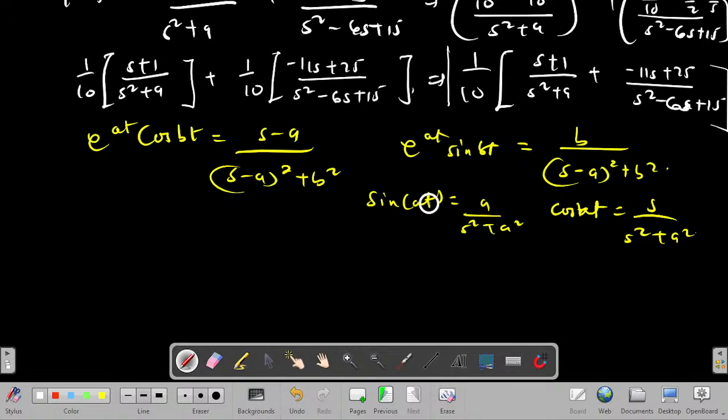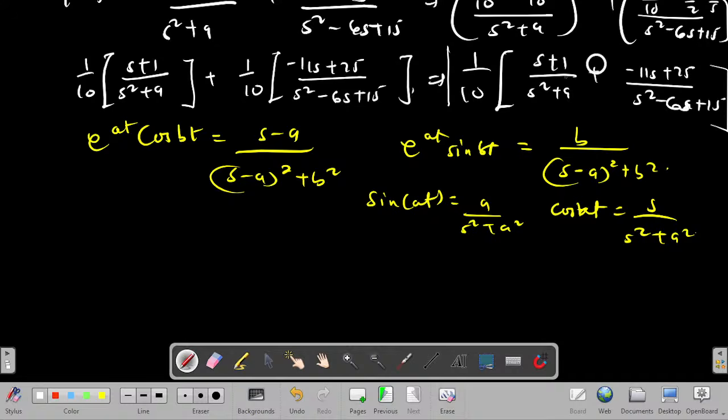So to do that, I'm going to have my s minus a here. So I have my s minus a here, right? My s minus a here. And I'm supposed to get s minus a squared plus b squared to get this. Then please look at it well.